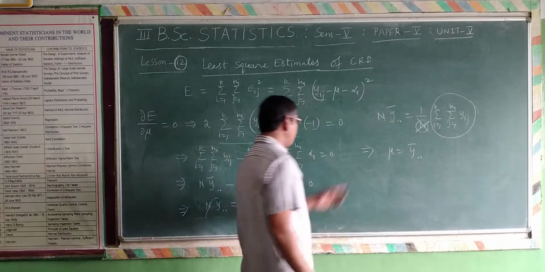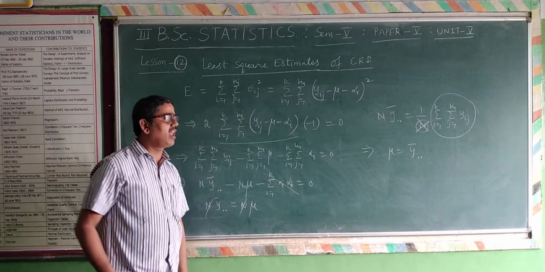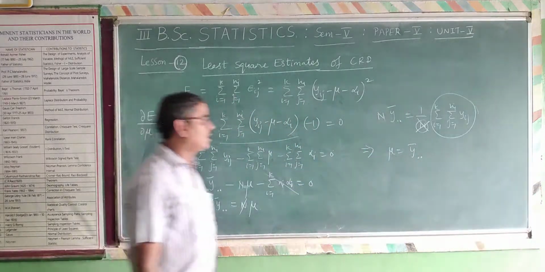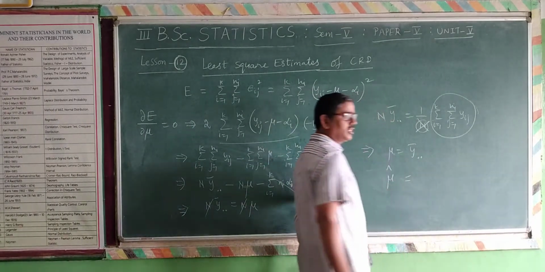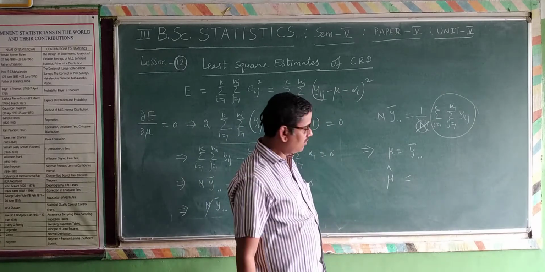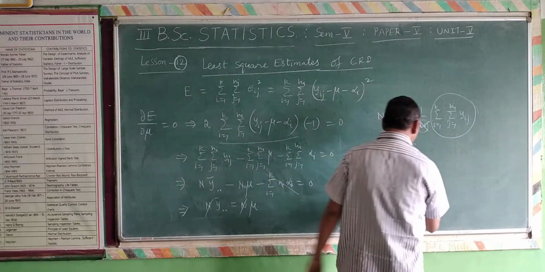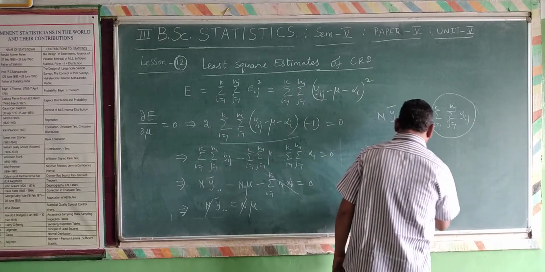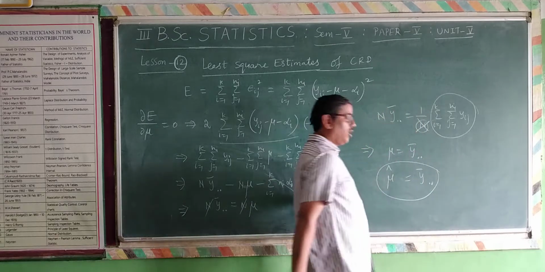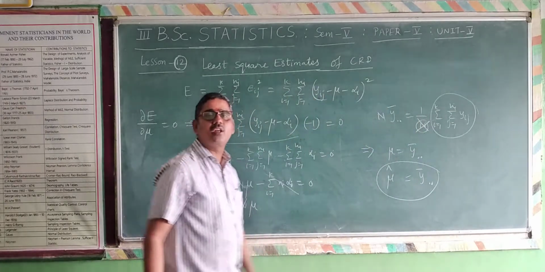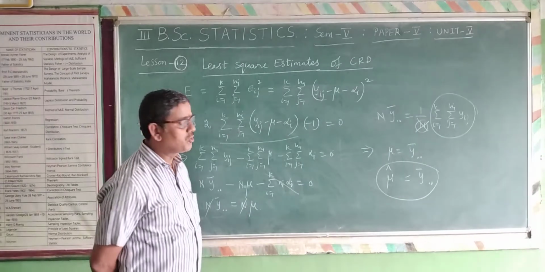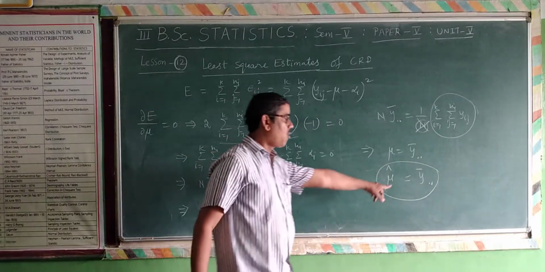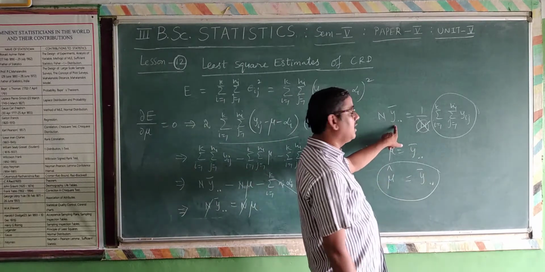This means mu is the value we obtain as y bar dot dot. But there is no such other value that should be considered. Therefore, the estimated value mu cap is equal to y bar dot dot. This is the estimation of the parameter mu, the estimated value mu cap is equal to y bar dot dot. What is y bar dot dot? It's the overall mean.